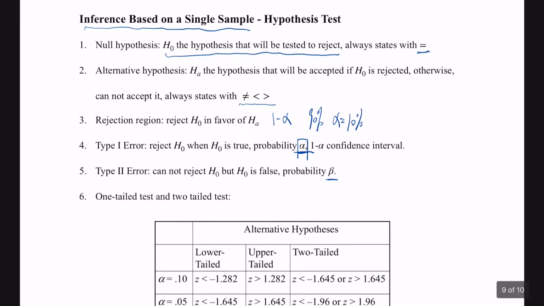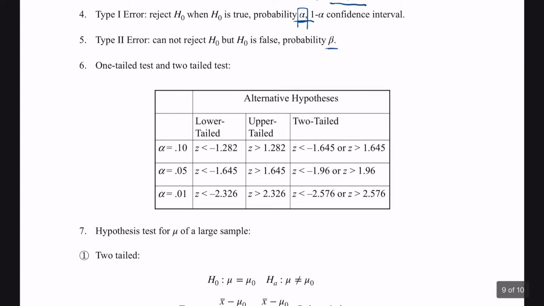And the probability that will happen is the alpha, the 10%. Say we are 90% sure that we can reject the null hypothesis. However, there's a 10% probability that the null hypothesis is true. I will explain why this is equal to alpha. The probability is equal to alpha. It's not a coincidence.